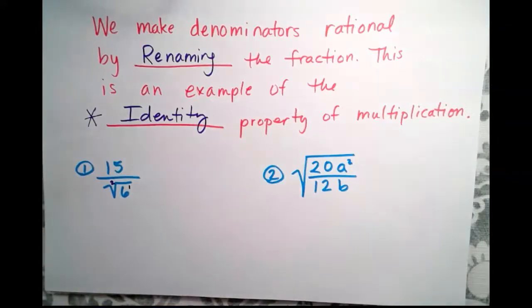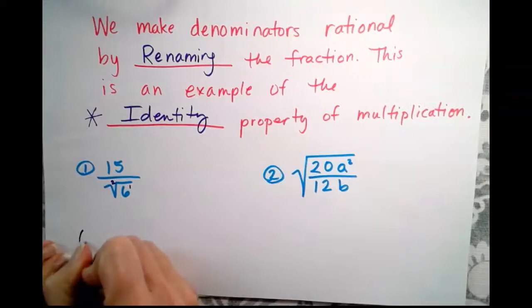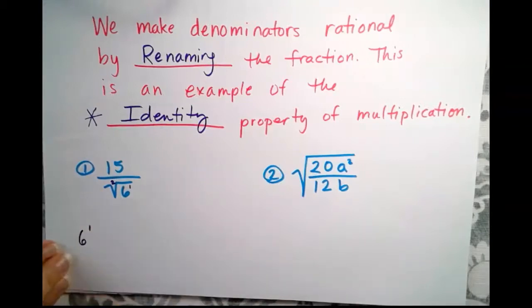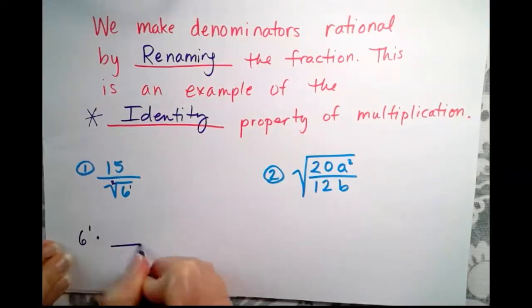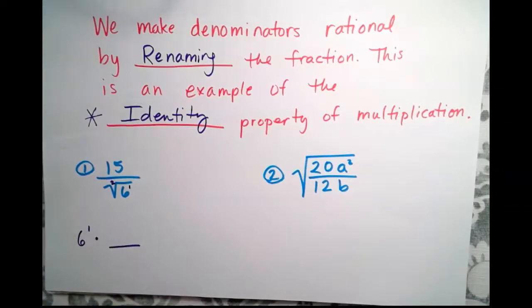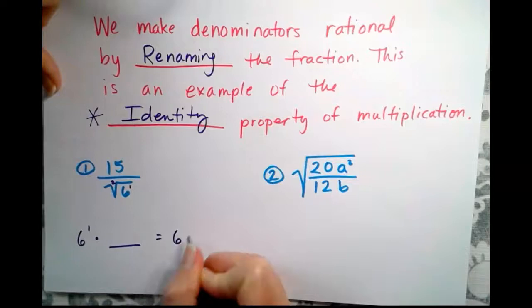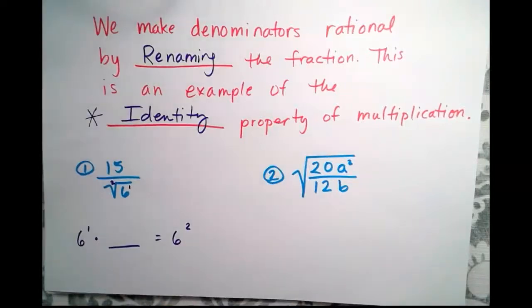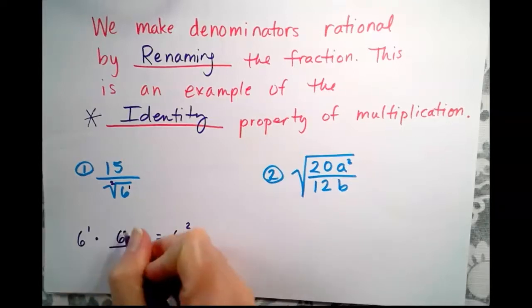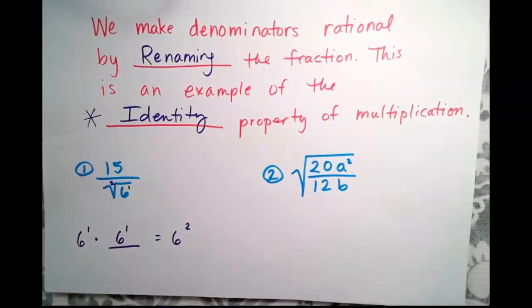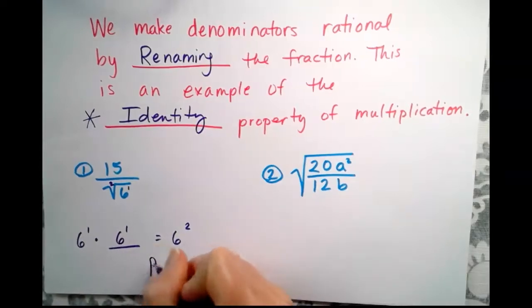So we need to ask the question, if you have 1 power of 6, how many powers of 6 do we need to multiply by in order to get to 6 squared? So this is kind of a silly question. But what we're missing is 1 power of 6, because 6 to the first times 6 to the first is 6 to the second. And that's what we're after.